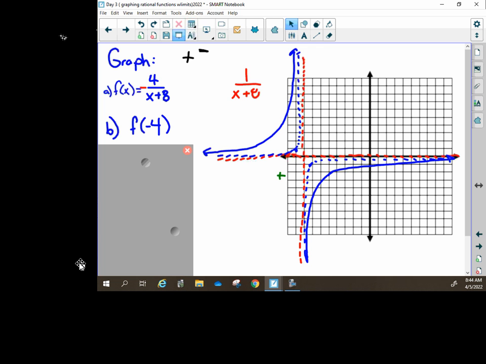Remember, my graph is just a guess. But I can say, if I plug in negative 4 right here, that's going to give me negative 4 over 4. How far down should I have been at negative 4 if I did a really good job of graphing? It should have been just coming up like that, right there instead. So I'm right here at negative 1. That's the height at negative 4.